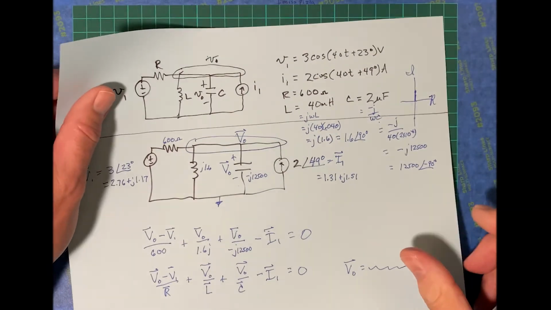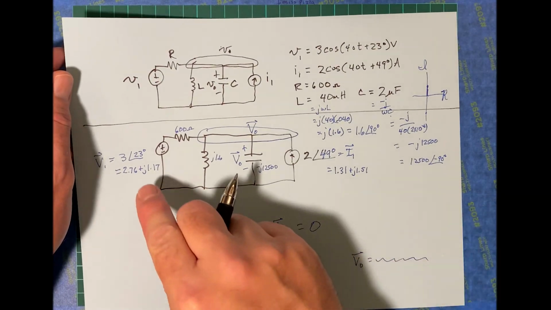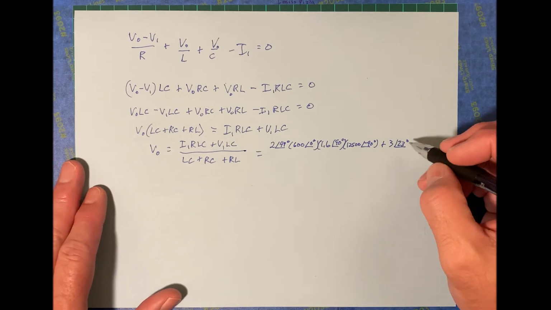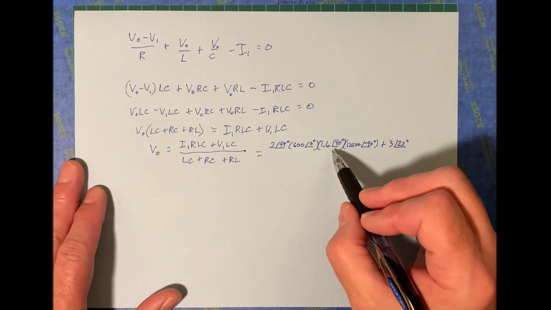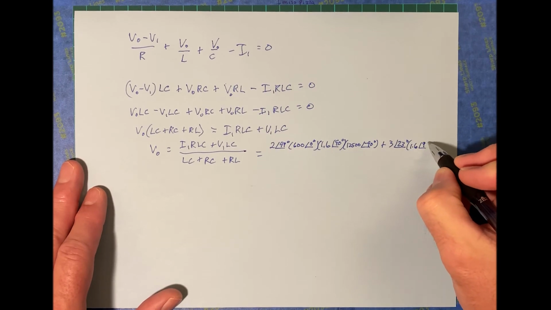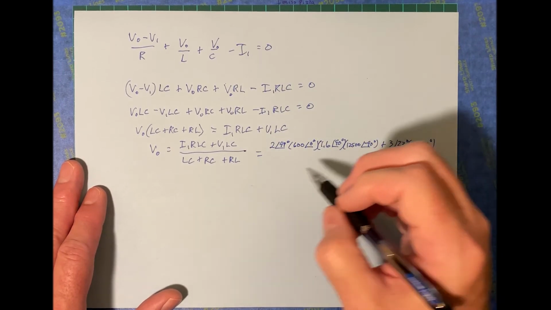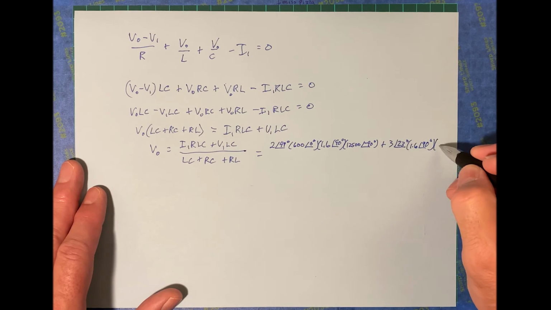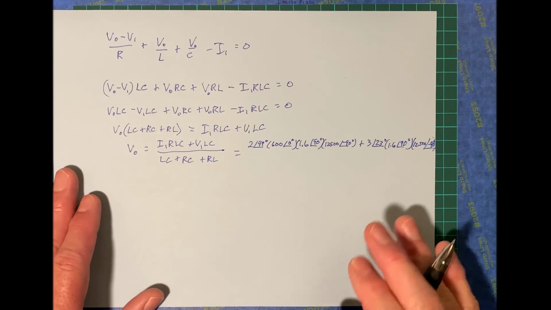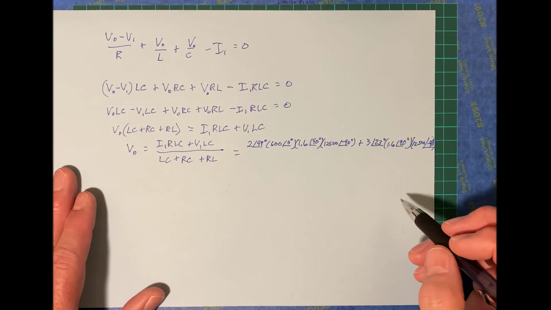Is that what that one is? 3 angle 23 degrees, yep. Times L, which is 1.6 angle 90 degrees, times C, which is 12,500 angle negative 90 degrees. I know I'm running out of room here and you probably can't see that. I'll scoot over a little bit.